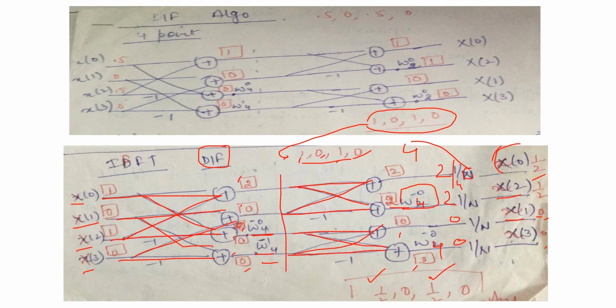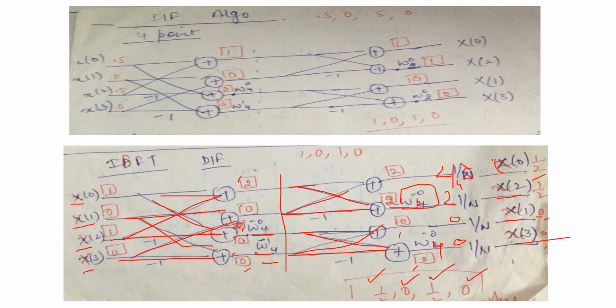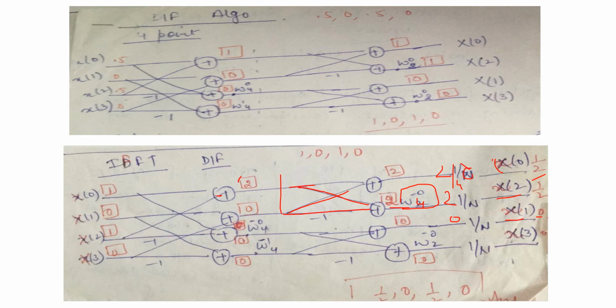So you write here x of 1 is 0, x of 3 is 0. Means IDFT of sequence 1, 0, 1, 0 is 0.5, 0, 0.5, 0.